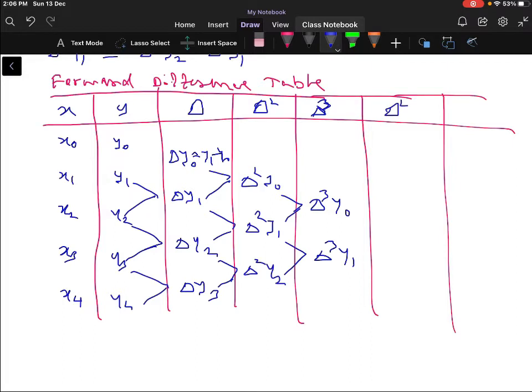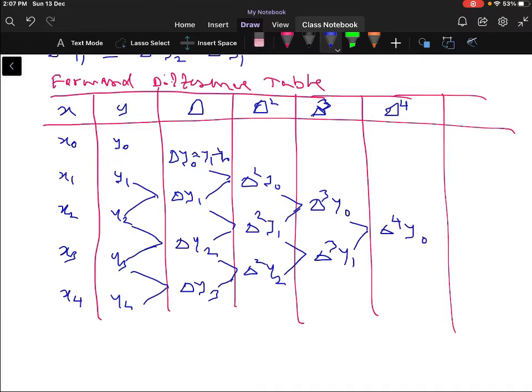Now let us define the delta 4 values, that is, the fourth order forward differences. So delta cube y1 minus delta cube y0 is delta 4 y0.